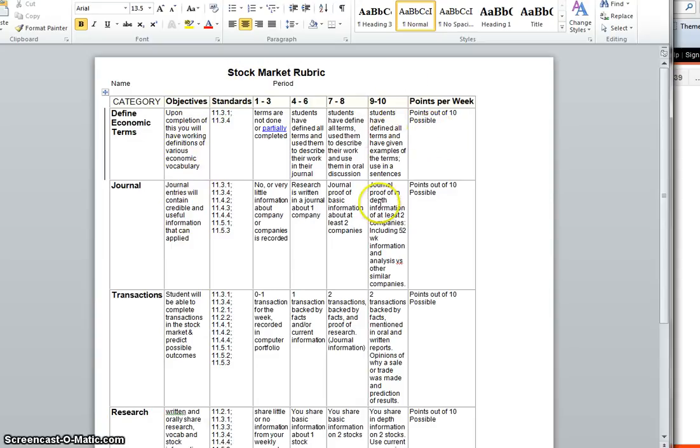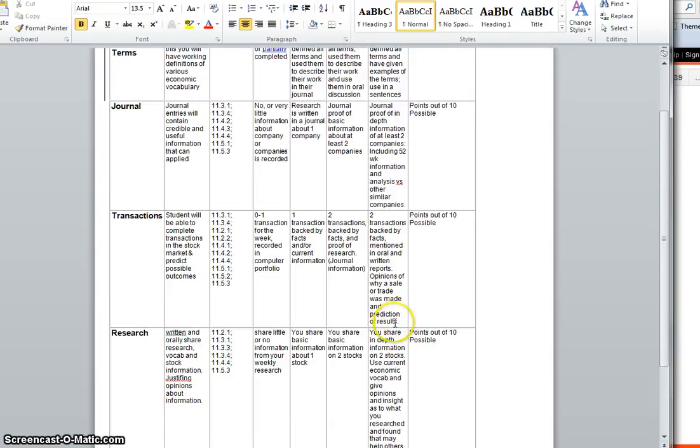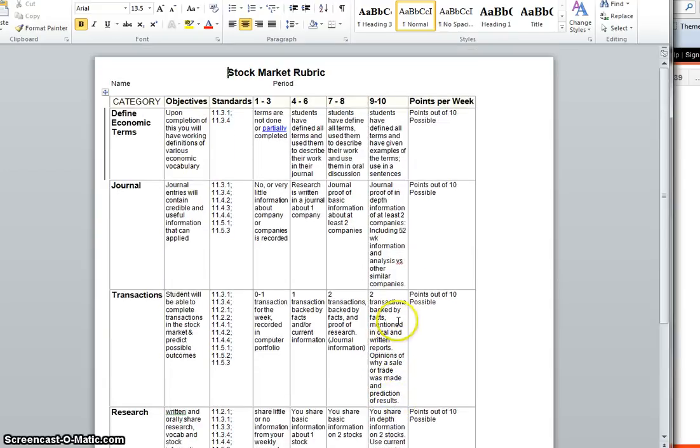But basically what I want you to do is just read through it, and I am going to go through it with you tomorrow as far as breaking each piece down, making sure there's no question and talking about it. Just in the back of your mind, knowing that this is per week and it's tied to your journal and your transactions, but you will essentially use this rubric every week to grade your blog post about your stock transactions.